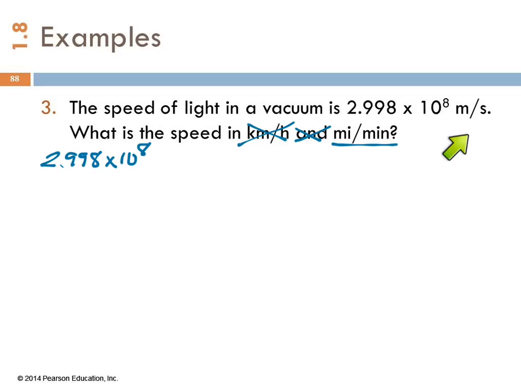This is a horizontal fraction with a slash in it. Write it vertically so that you see that that's a fraction. And then might as well just go all the way across with that line. That's meters over seconds. The unit they're asking for here is miles per minute. So I'm going to write that over here, miles over minute.